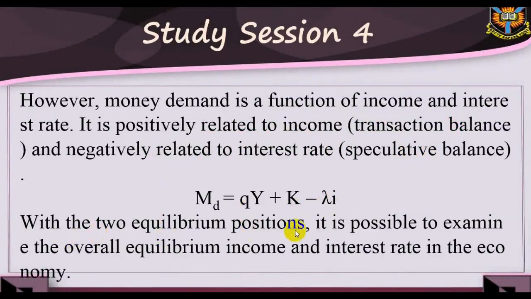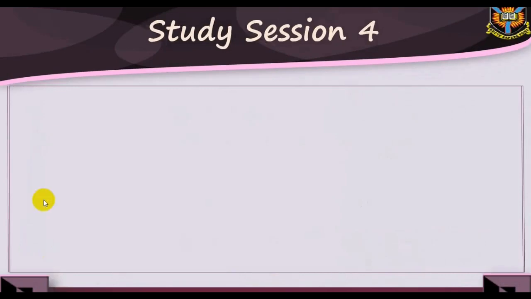With the two equilibrium positions, it is possible to examine the overall equilibrium income and interest rate in the economy. Example 1.